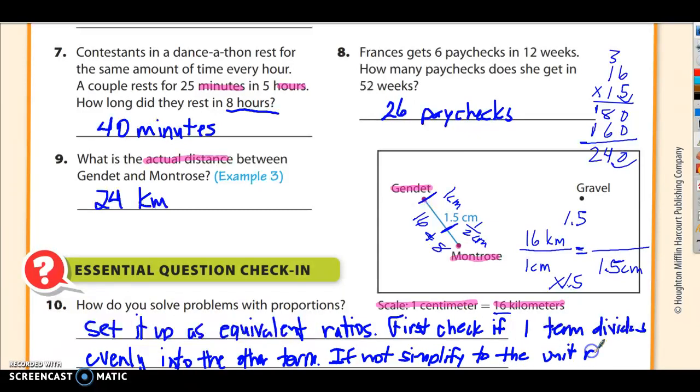All right, I realize that's a little bit messy. I probably should have typed it, but too late now. So, here's what I wrote. Set it up as equivalent ratios. First check if one term divides evenly into the other term. If not, simplify to the unit rate. All right, well, great job. You're done with page 182.